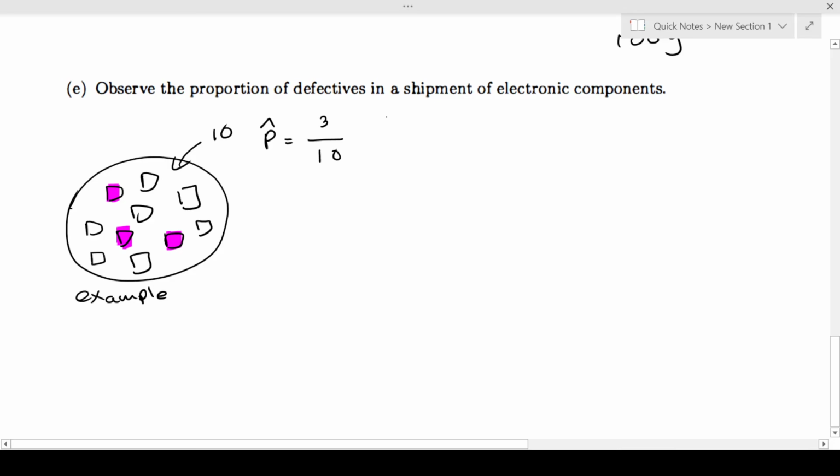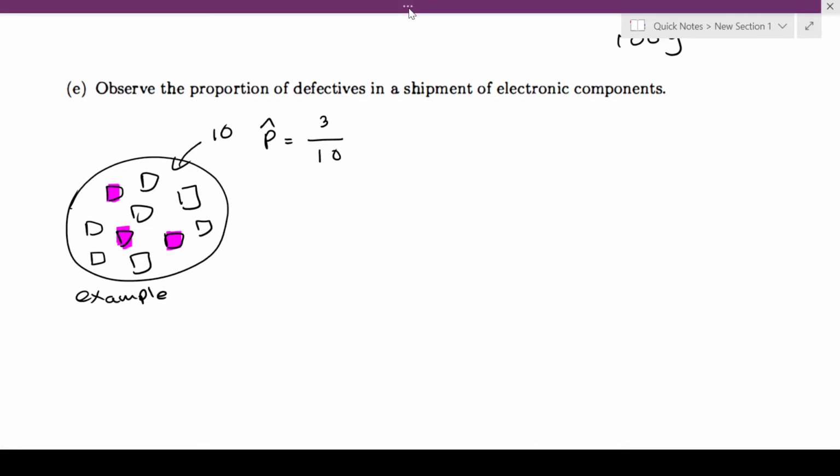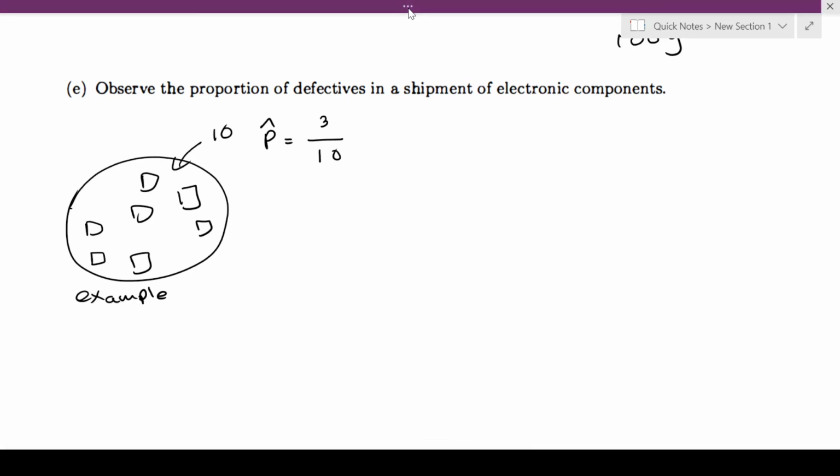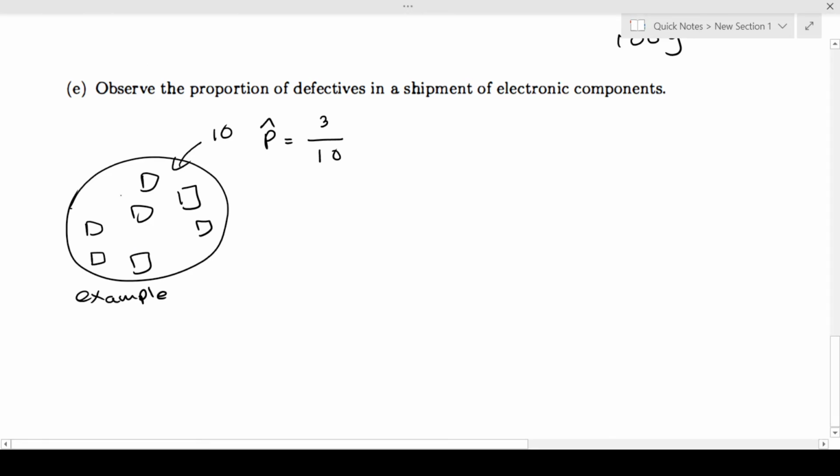Count them: 1 2 3 4 5 6 7 8 9 10. There can be a scenario where none are defective. If none of them are defective, the proportion would be 0 over 10.